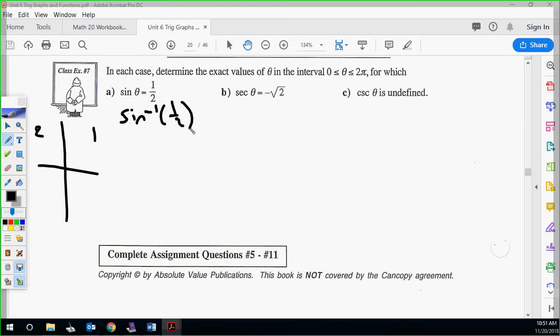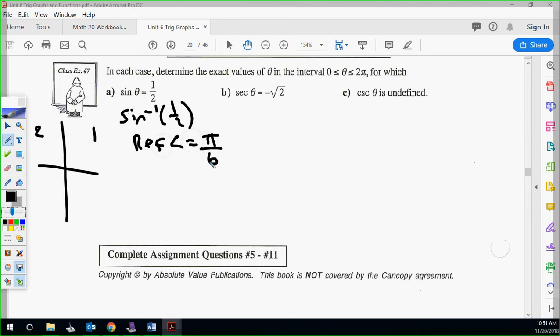You're in radian mode in your calculator still. We're doing radian measure. Then you're going to divide that value by pi. Good, 1/6. So that means the reference angle is pi over 6.